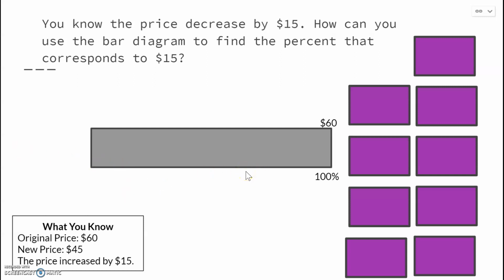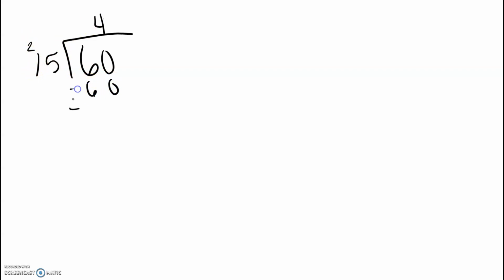I could divide 60 by 15, which, if I write that out, is 60 divided by 15. 15 times 2 is 30, so it's got to be times an even number. Let's try 4. 4 times 5 is 20, carry my 2. 4 times 1 is 4 plus 2 is 6. So we now know that 60 divided by 15 is 4.